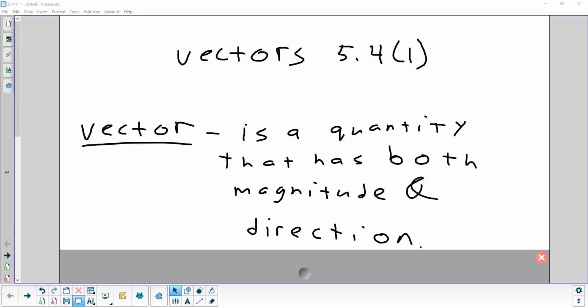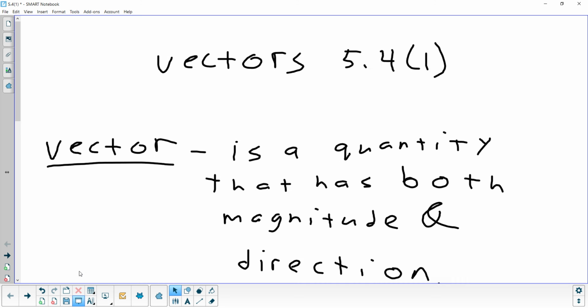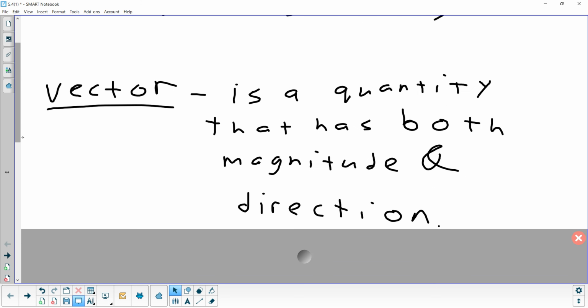So in math or physics or anywhere that you are going to try to use a vector to represent something, it's used when you want to represent something that has a magnitude and a direction. Okay, so an example of something that would have those two things would be if you took an object and threw it.